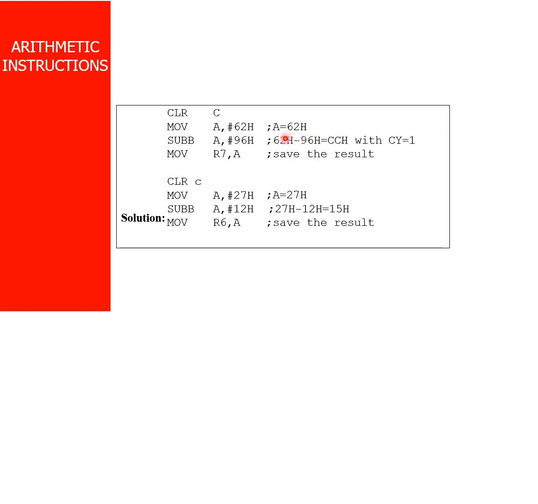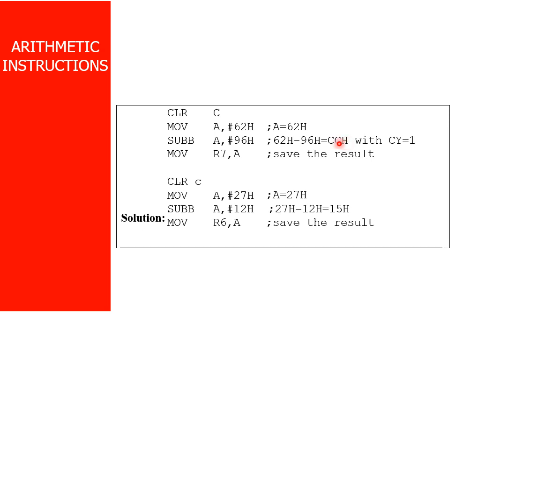So whenever the result is negative, carry flag will be 1, and the result will be represented in 2's complement. So what you can do, you can find 96 minus 62, and take the 2's complement of that. Just remember, whenever you are subtracting a bigger number from a smaller number, the result will be negative.